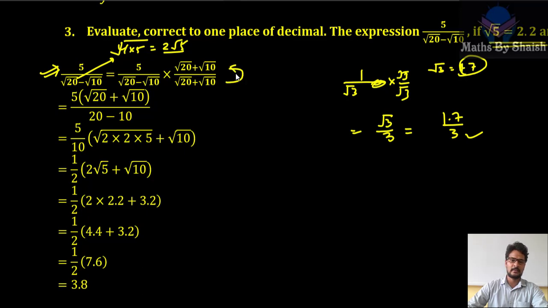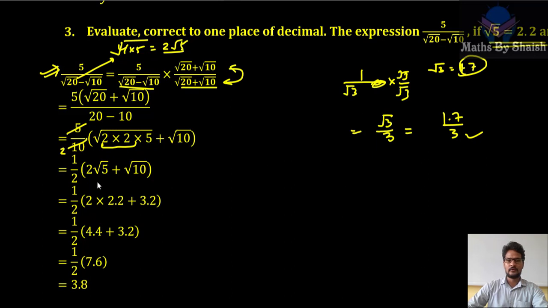Then we divide and multiply both, and we get 5 times root 20 plus root 10 upon 20 minus 10, because it is (a minus b)(a plus b), a square minus b square, root 20 square is 20 minus root 10 square is 10. So 20 minus 10 is 10, so it cancels 1 by 2, and the denominator again is 20, so 2 will come out, 2 root 5 plus root 10.